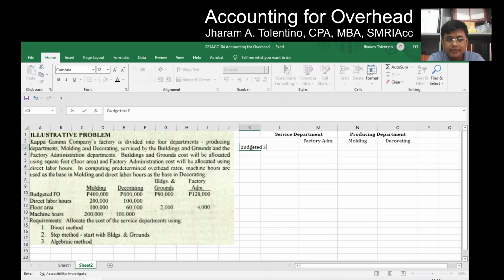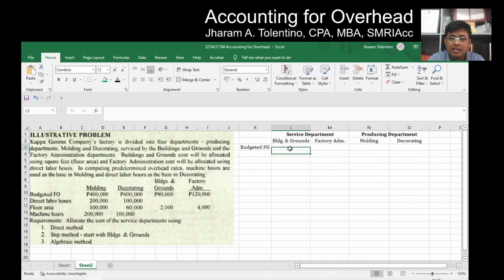So, we have the budgeted factory overhead here. Magkano? We have 80,000 and 120, and 400,000 and 600,000. Okay.